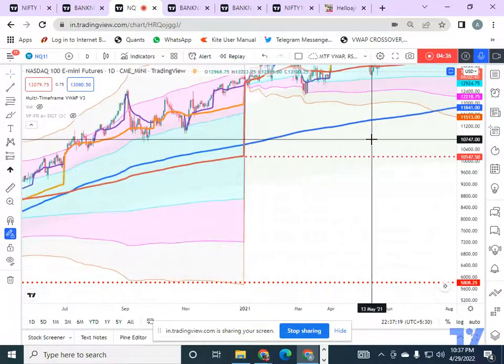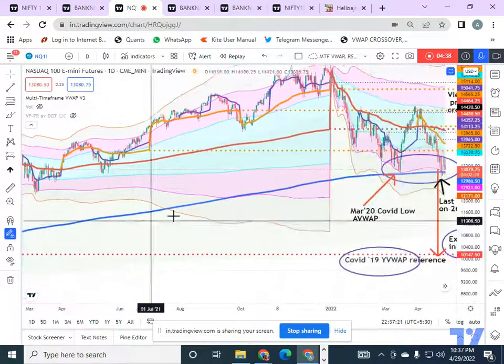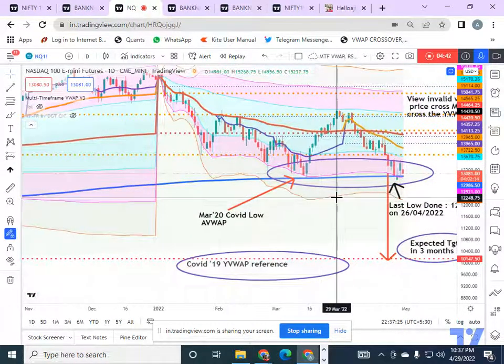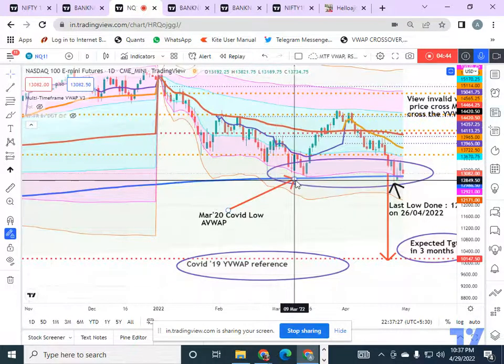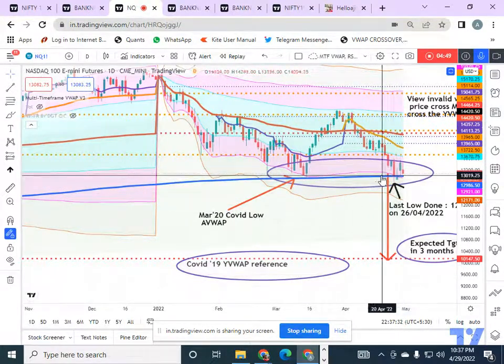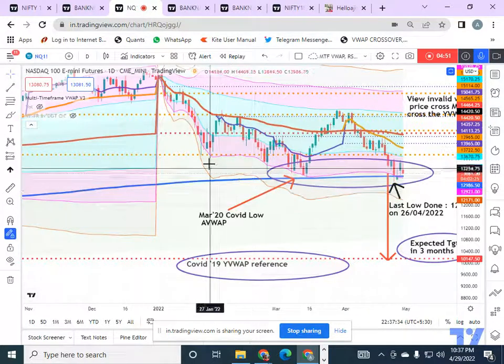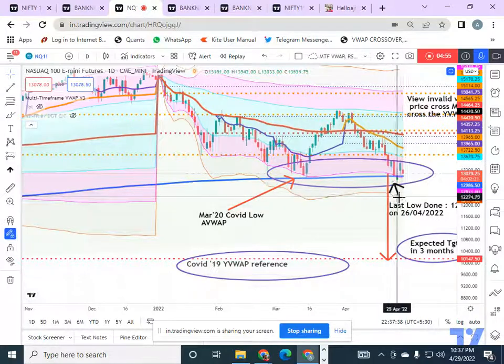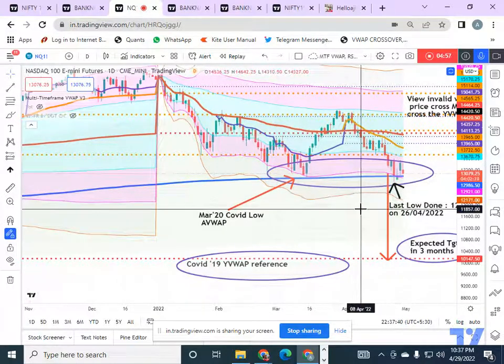The March 20 anchored VWAP is still giving good support for Nasdaq, and the yearly -3 standard deviation is still not tested.